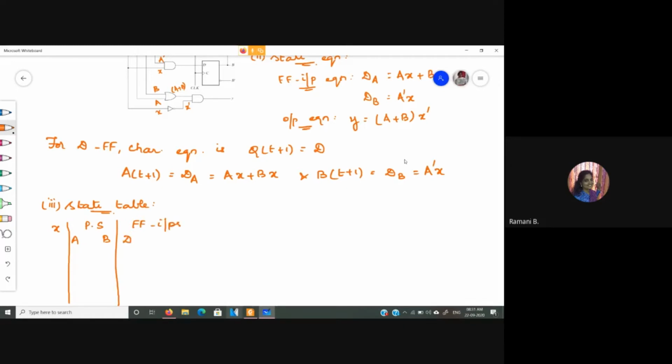So you have DA and you have DB. Then you have the output Y, and then we shall write the next state values, that is A of t plus 1 and B of t plus 1.